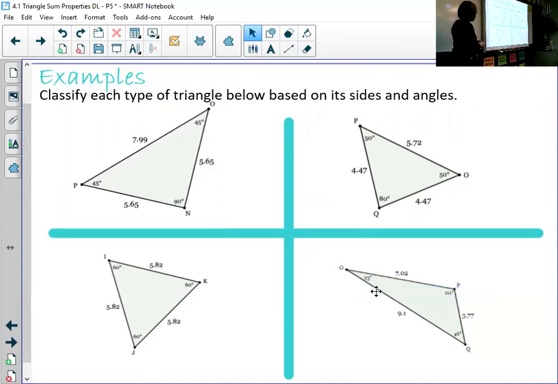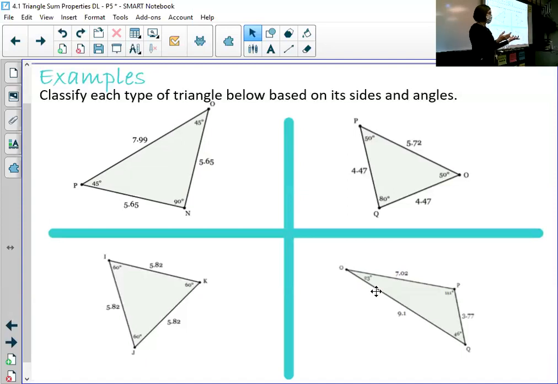All right, so the first one, they're asking us to classify it by sides and angles. The problems in Delta Math are going to be multiple choice, and hopefully it's multiple choice, not multiple guess. So don't just be guessing. How do we classify it according to the sides?